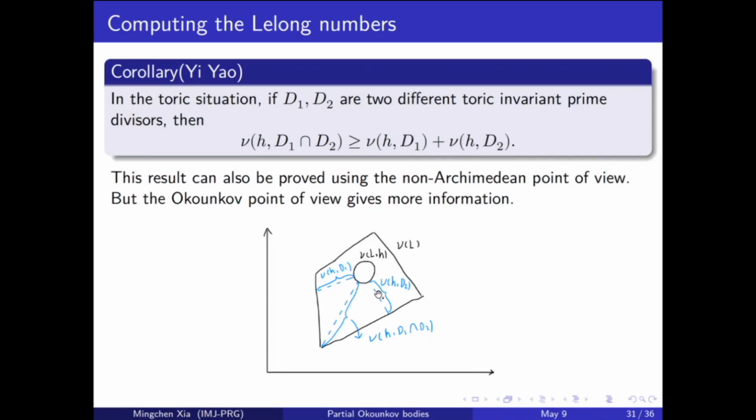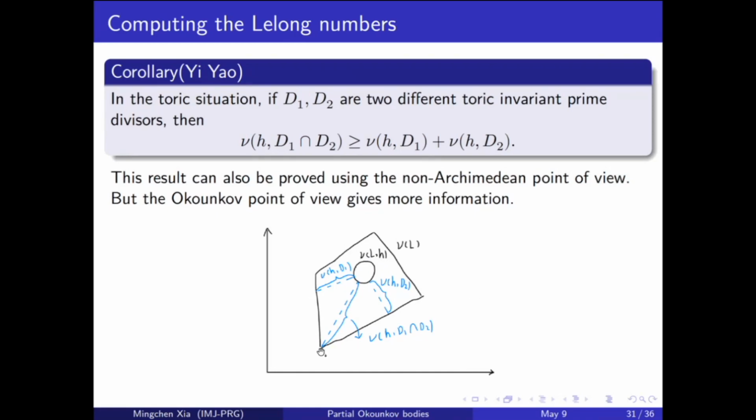Then the distance from the convex body to this boundary line corresponds to the generic Lelong number of h along D1, as shown in the previous theorem, and the Lelong number along D2 is given by the length of the dotted line from the partial Okounkov body to the lower edge, and the left-hand side, similarly by taking the toric blow-up, is given by the distance between the intersection point of these two edges.